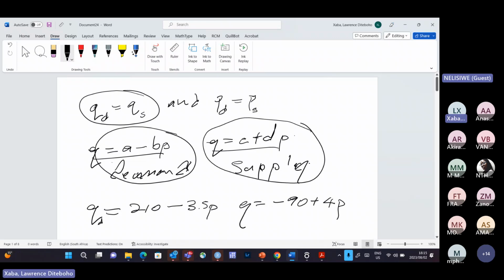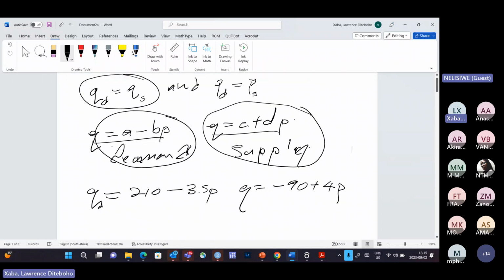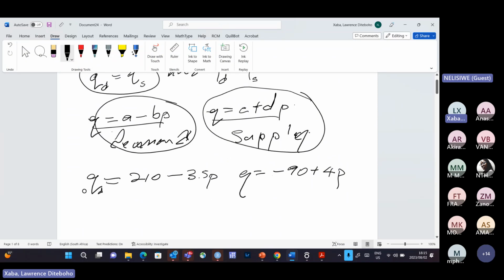So for us to calculate that, we're saying QD is equal to QS. From the given information, this is QD, and it also has a subscript that represents price. In this case, we do the same with QS, this is supply again. So we have to equate these two equations for us to get our value.